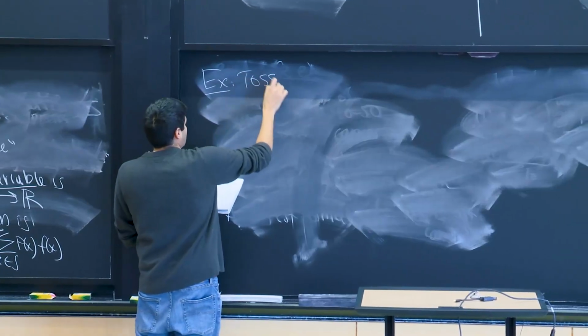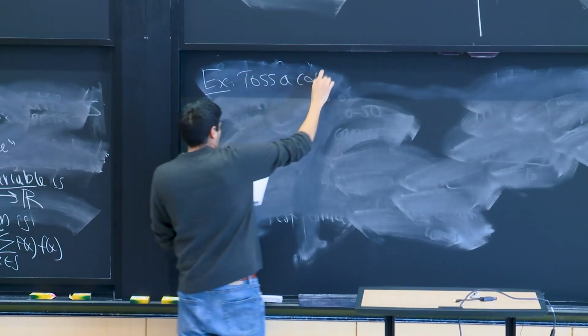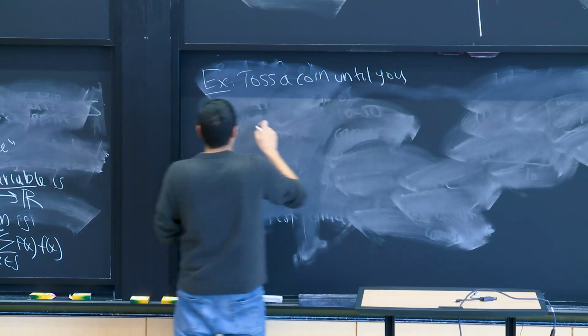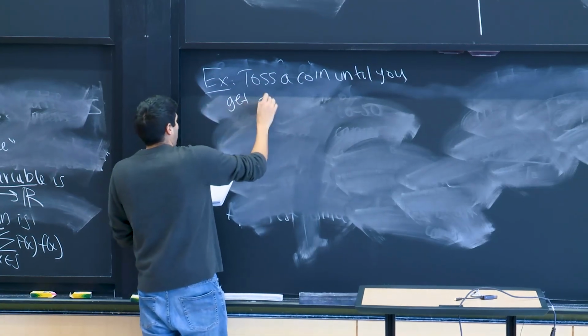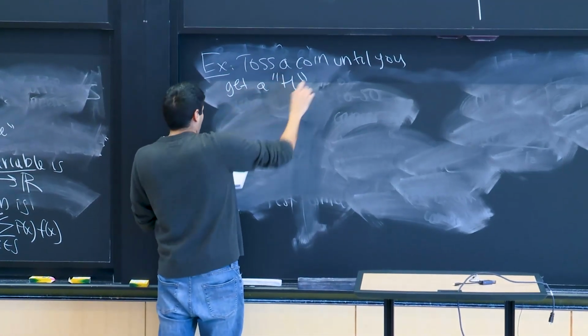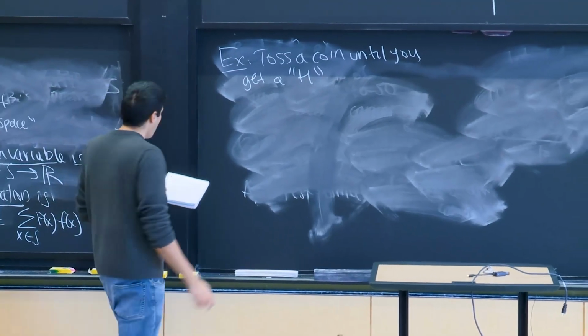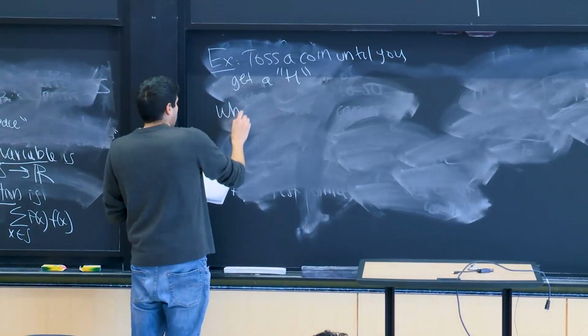So let's toss a coin until you get a heads. We'll start off with a fair coin, and then we'll vary this experiment, right? So, first, what is the sample space?